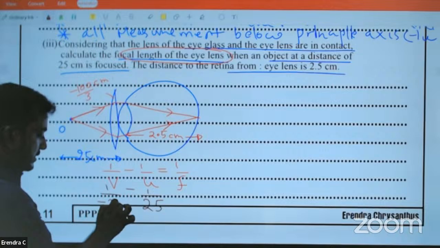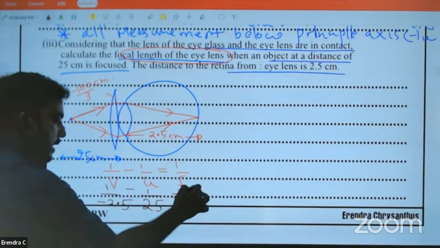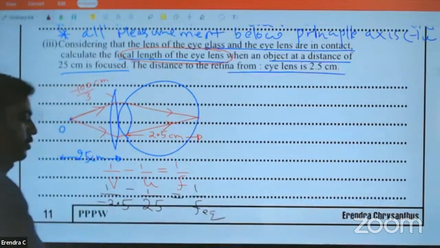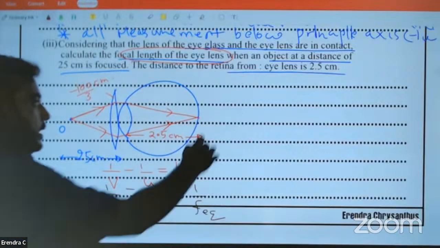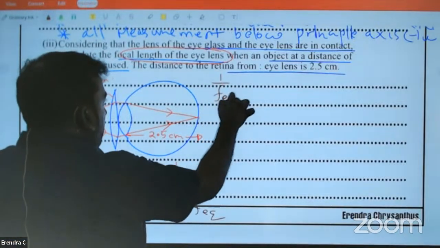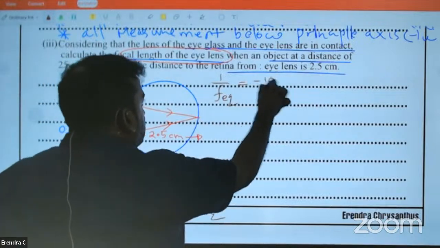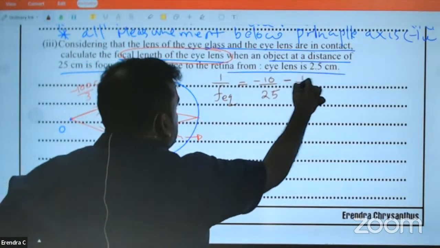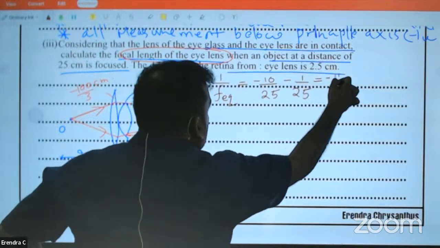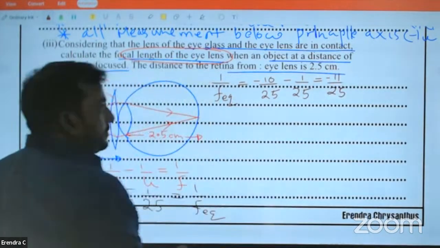V is minus 2.5. Equivalent focal length, I don't know. 1 over equivalent focal length, that is equal to minus 10 over 25 minus 1 over 25, minus 11 over 25.